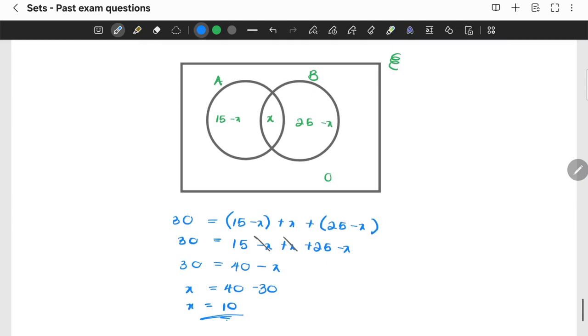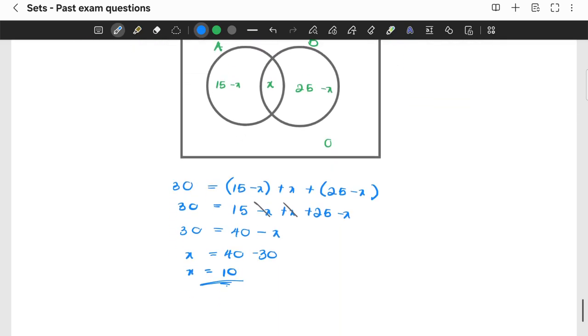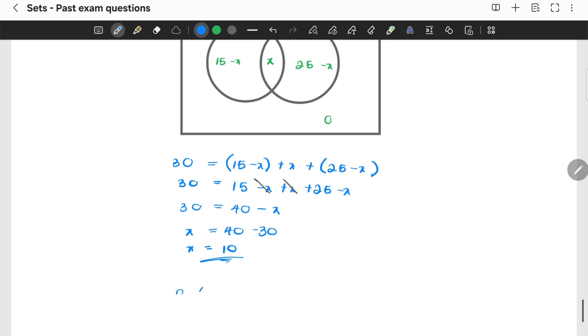So the number of A intersection B is equal to 10.